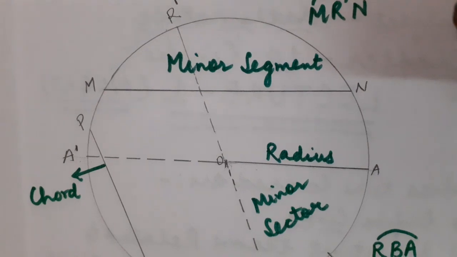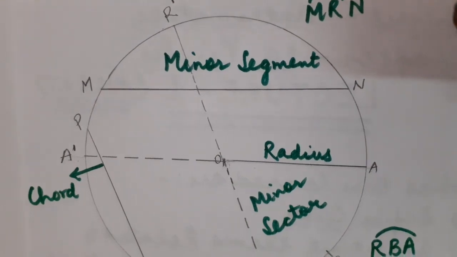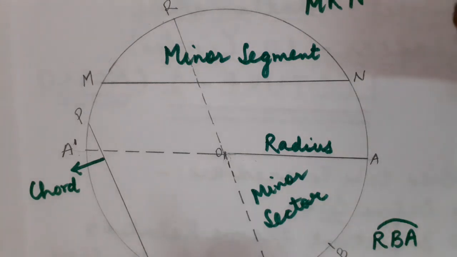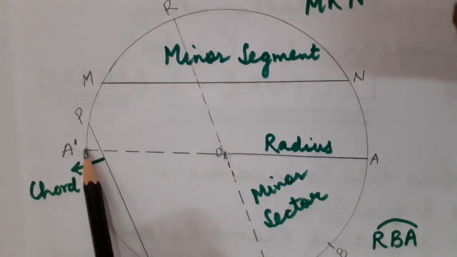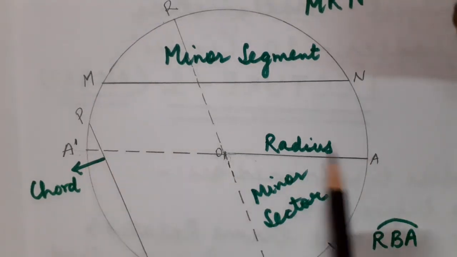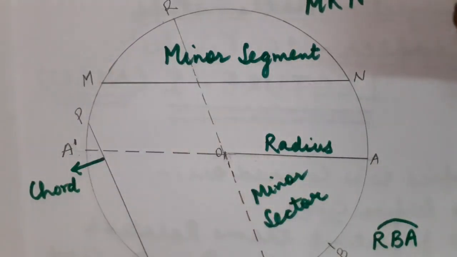Correct, children? Now I am going to switch to the next term which is related to circle, that is the diameter of a circle. Diameter of a circle is basically a line segment whose both the end points lie on the circumference, or I should say on the boundary of a circle. Fine, children?